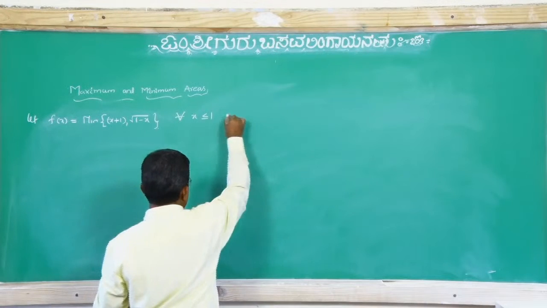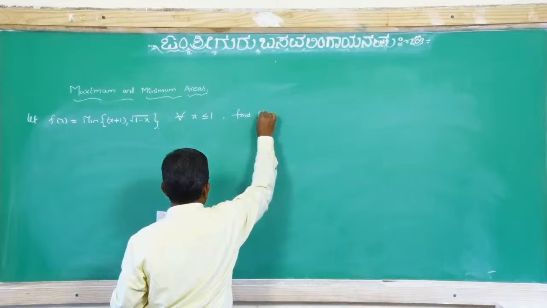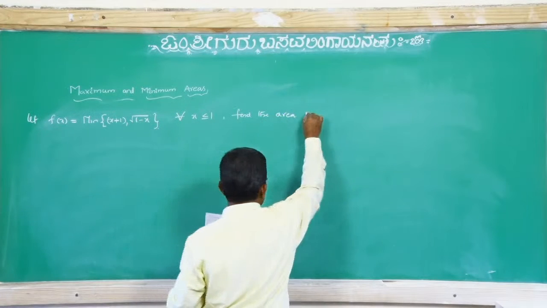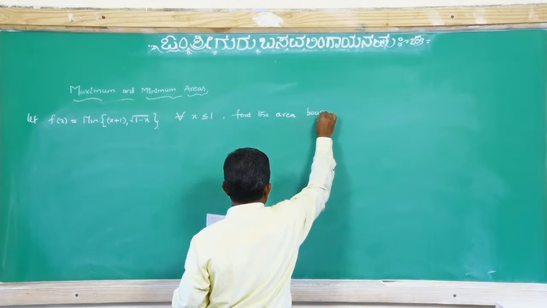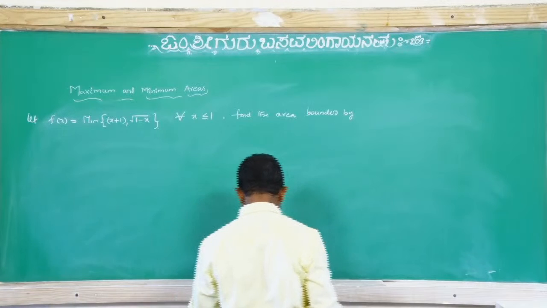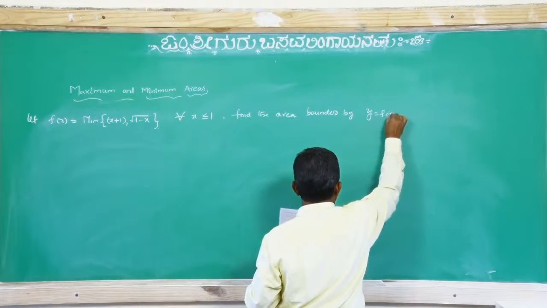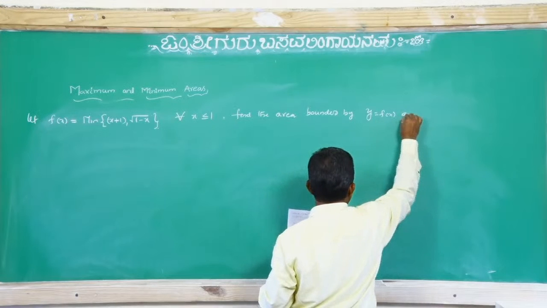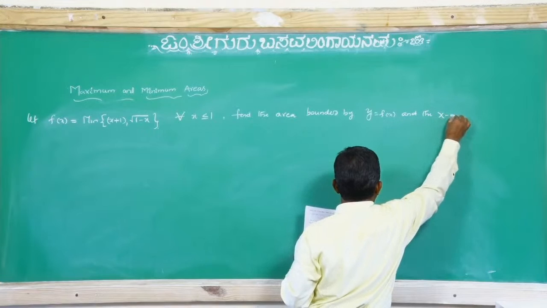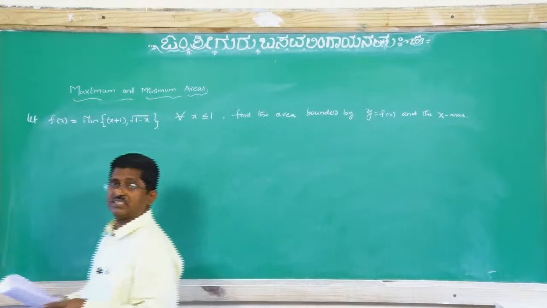Find the area bounded by y equal to f of x and the x axis. But this question is comparatively simple compared to the previous questions.